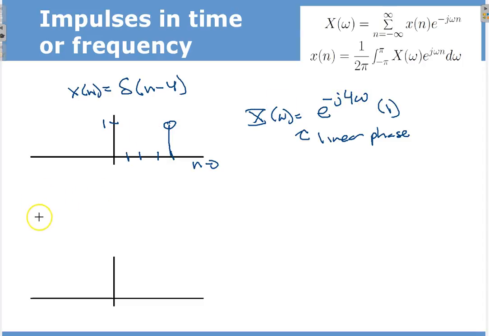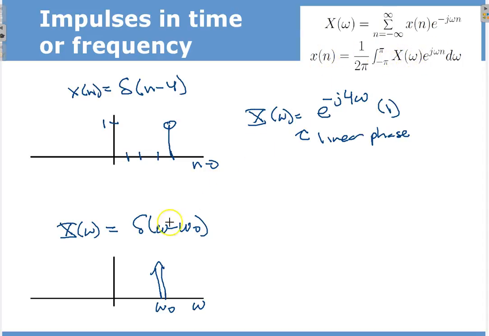Okay, the other case you could say, well, what if we look now at omega, so this is going to be X of omega, and instead of having a DC, what if we had some spike somewhere else? So maybe we have a spike over here at omega naught. So this is delta of omega minus omega 0. Again, we can find x of n by putting in this formula.